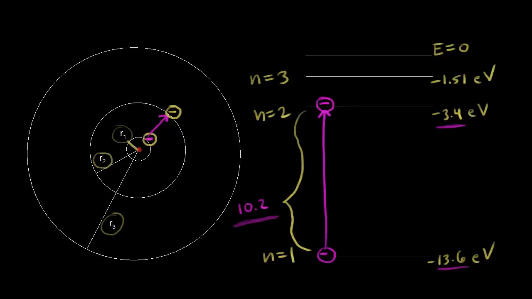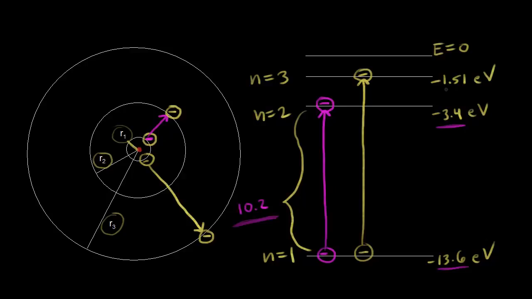All right, let's say you wanted to cause the electron to jump from the first energy level all the way to the third energy level. So here's our electron in the first energy level, and let's say we wanted to cause it to jump all the way up to here. Once again, you would have to provide enough energy to do that.